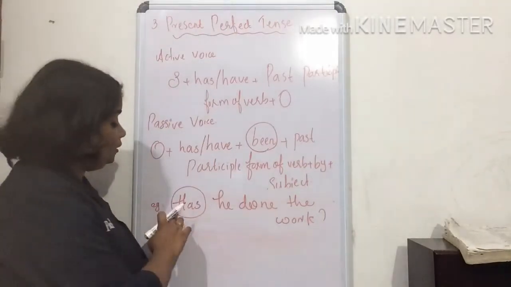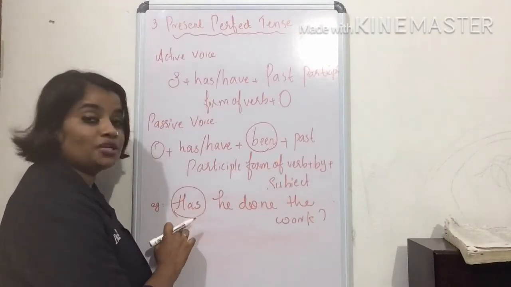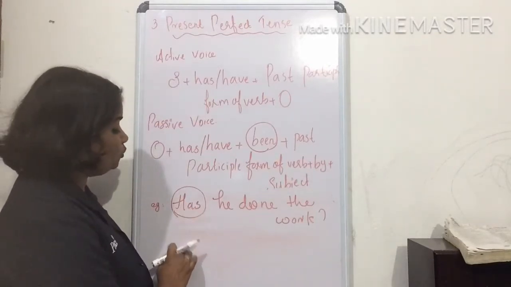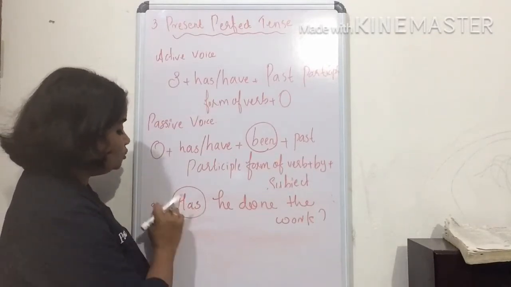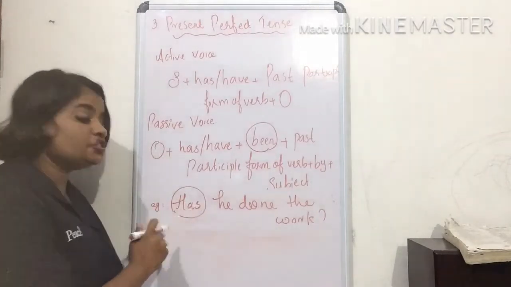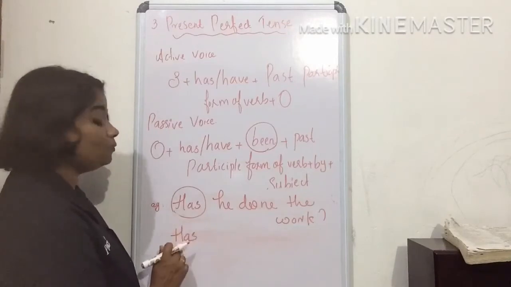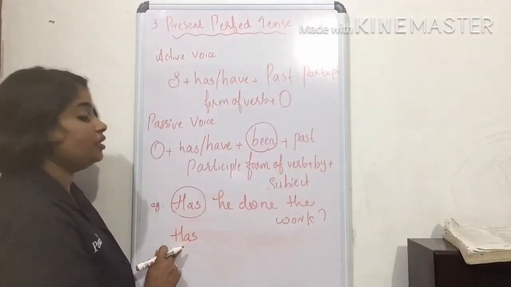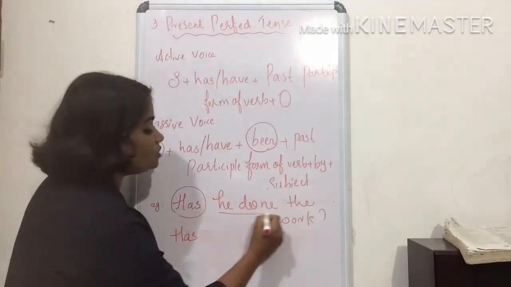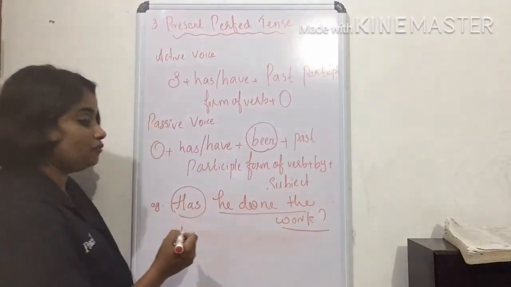So when you transform the statement into passive voice, it never changes, it remains unchanged. So has itself you need to write. Has, the rest of the statement is what you need to take care of.